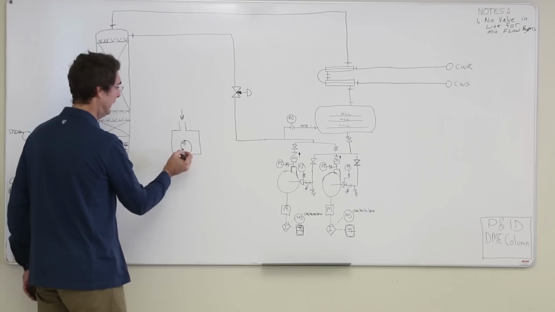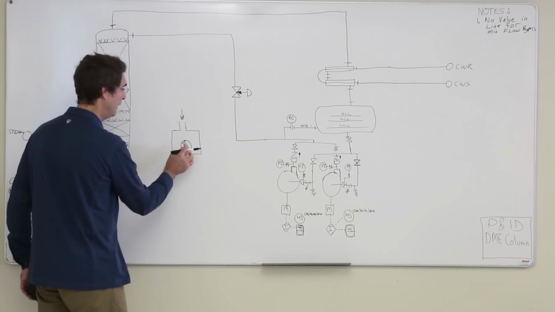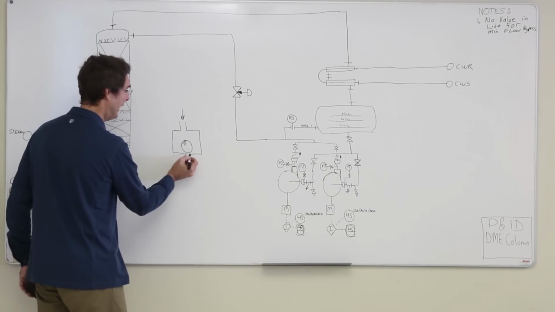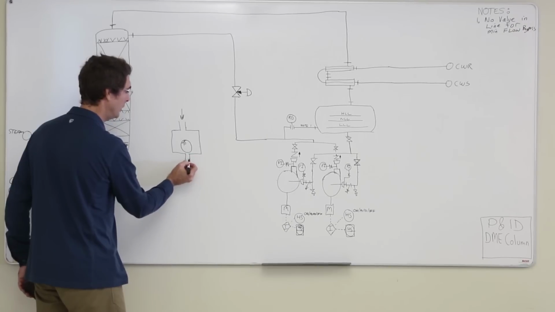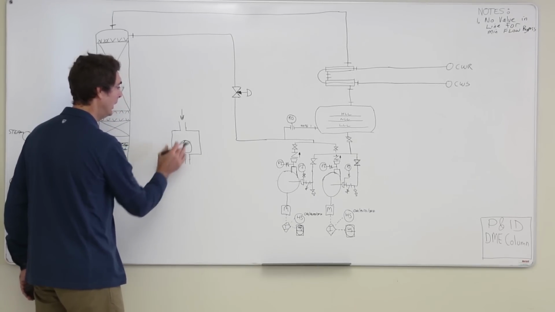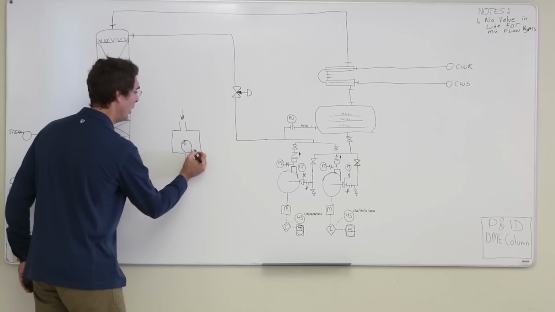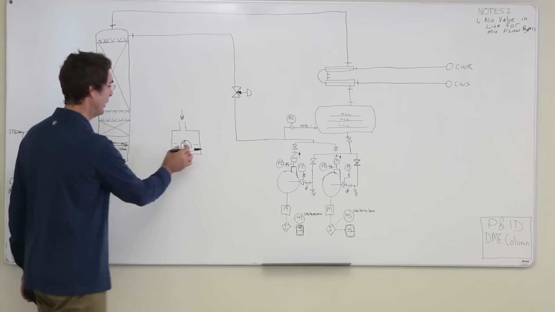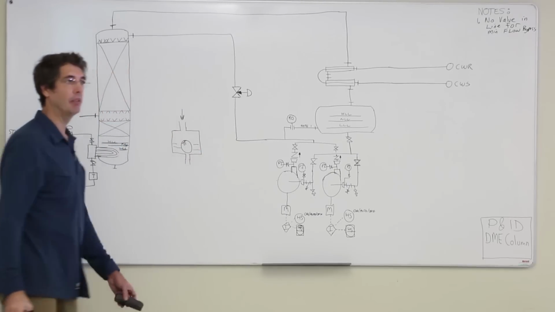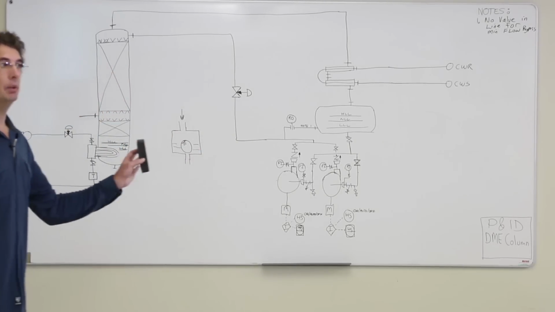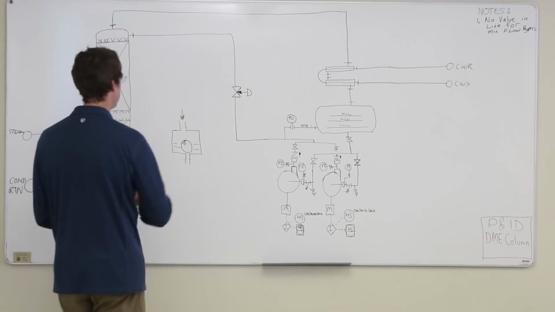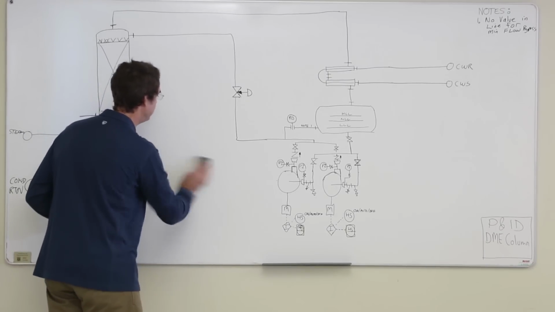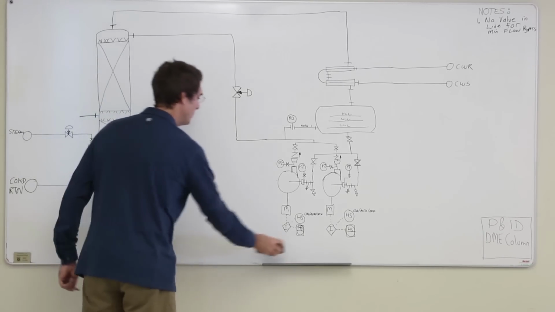If there's no water in the trap, the ping pong ball sits down and seals, so steam can't blow through. As soon as some water comes in, the ball floats up, and the water can go out through the steam trap. Really, really simple. There's lots of different ways to do that, but that's the principle.